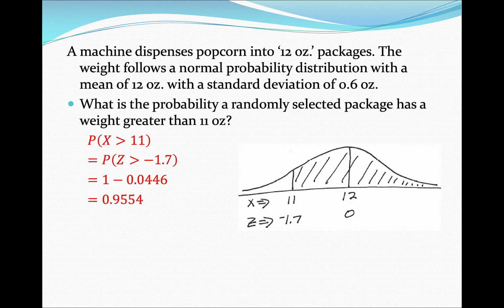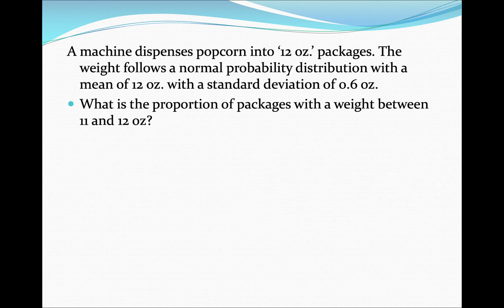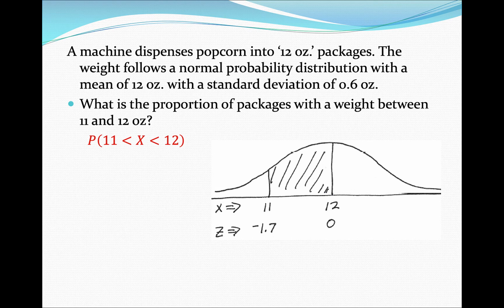All these work very similar to what we did with the z distribution. Of course, the big difference is you have that additional step of transforming x into z. Let's do one that is in between. What is the proportion of packages with a weight between 11 and 12 ounces? If we write out our probability statement, we're finding the probability that x is between 11 and 12.